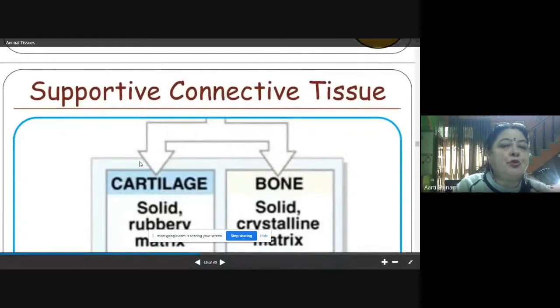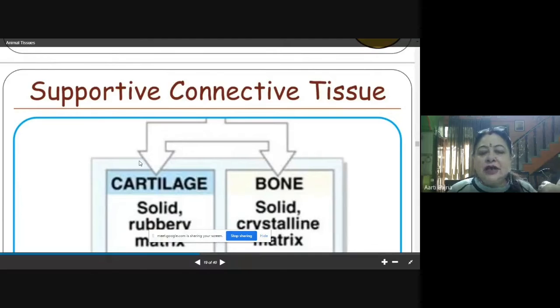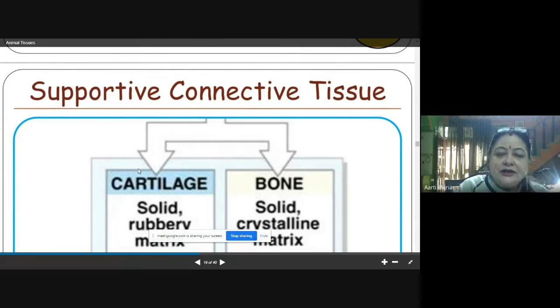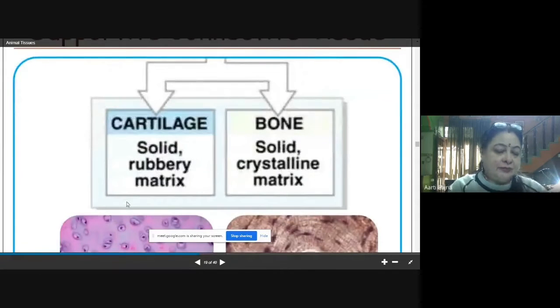Now see the supportive. So in fluid we have done, in loose we have done two types: one is areolar tissue and one is adipose. Now comes the supportive connective tissue. Supportive connective tissue is of two types, cartilage and bone. Cartilage is a solid rubbery matrix.